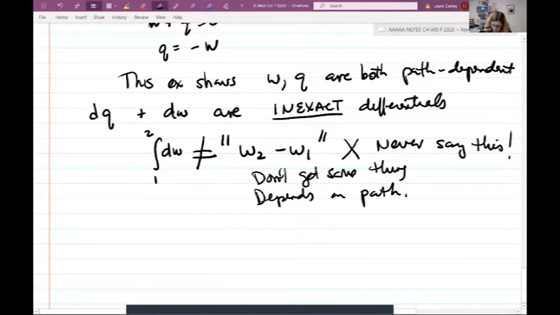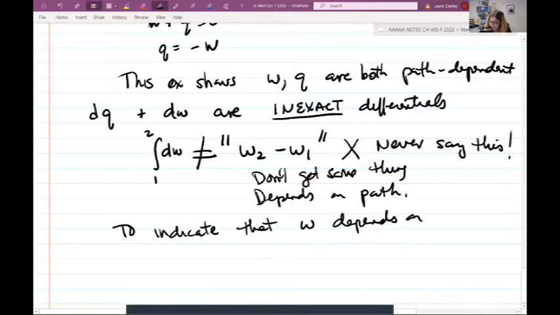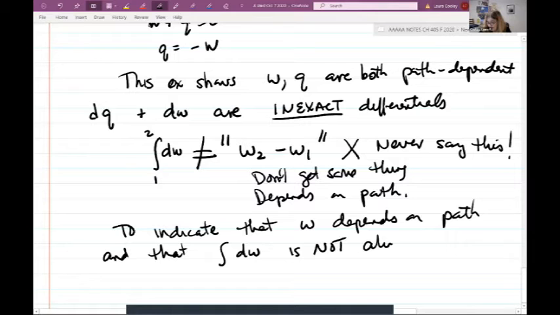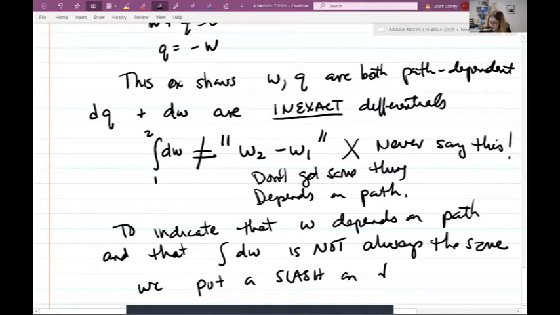To indicate that work depends on path, and that the integral of dW is not always the same, we put a slash on the dW.